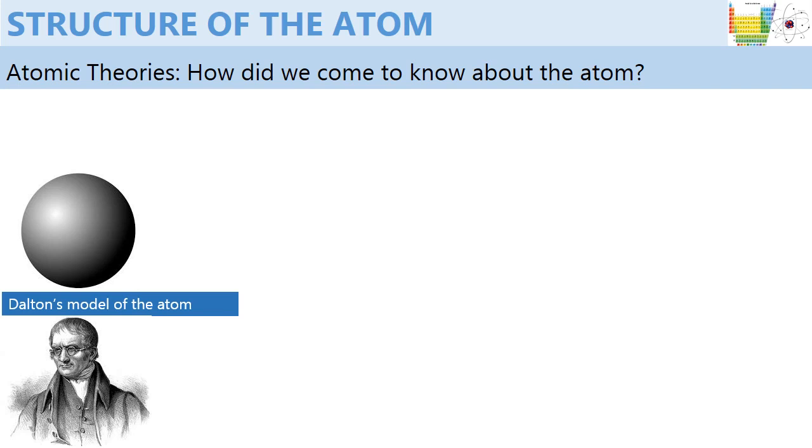To him, an atom was a spherical ball like you see here that could neither be divided into any smaller particles. Atoms could also combine with each other to form compound atoms.